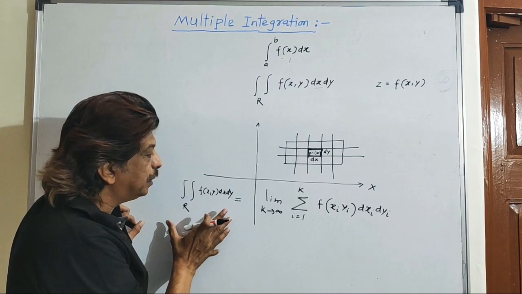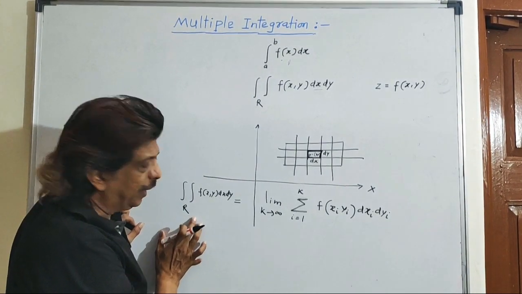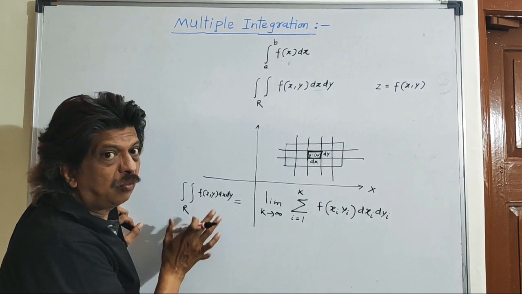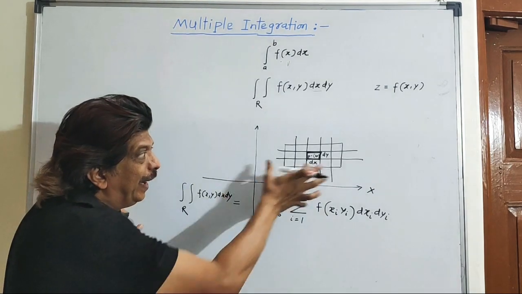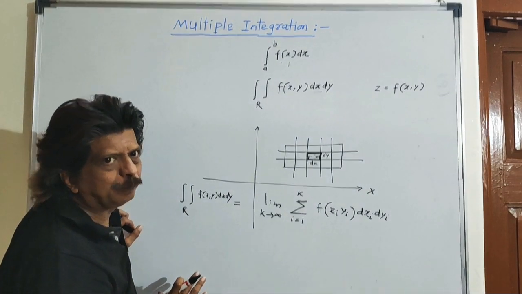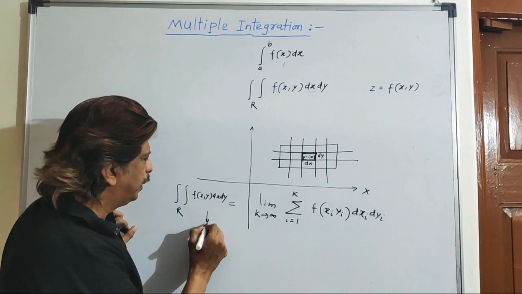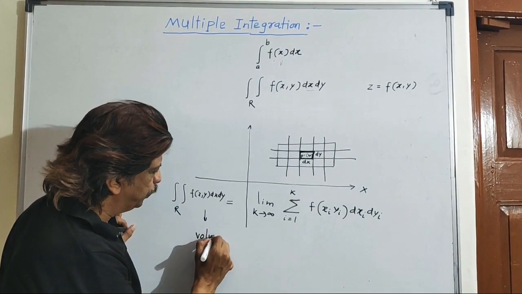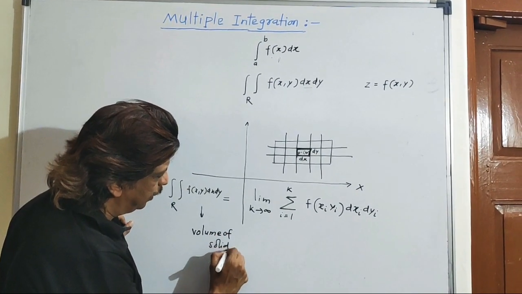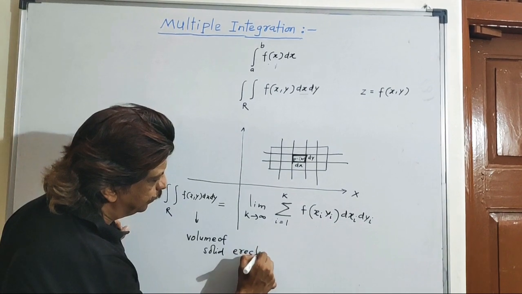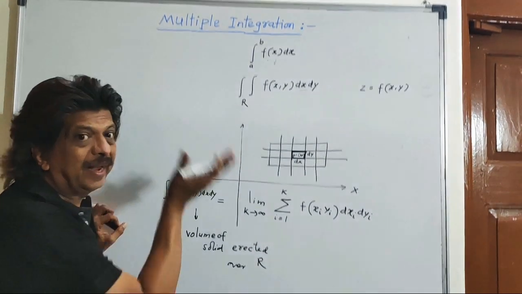So what does this double integral over R represent? It represents the volume of a solid erected over this rectangle R. So this is nothing but the volume of the solid erected over the plane rectangle R.